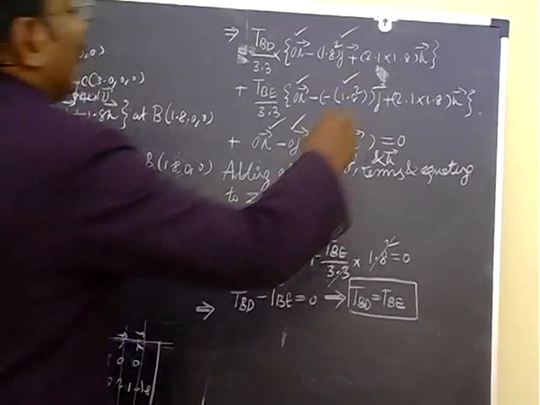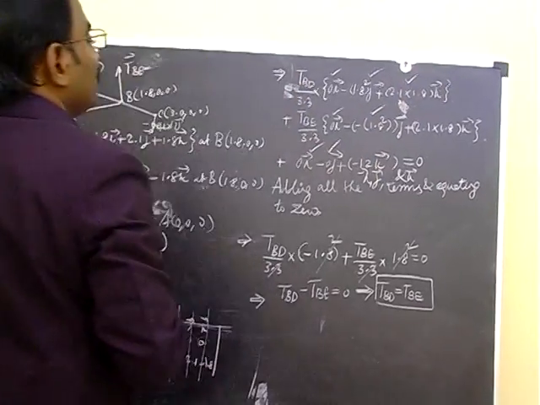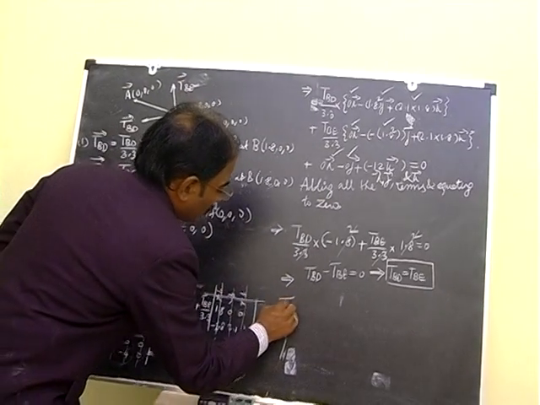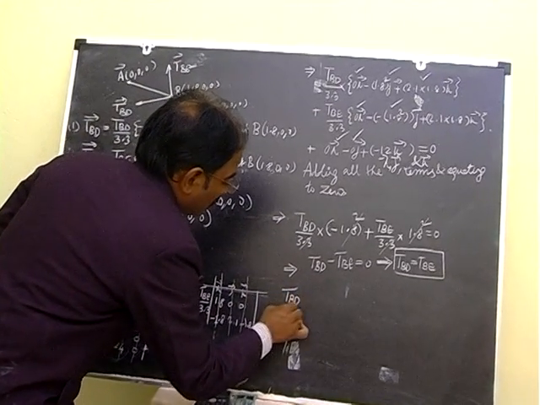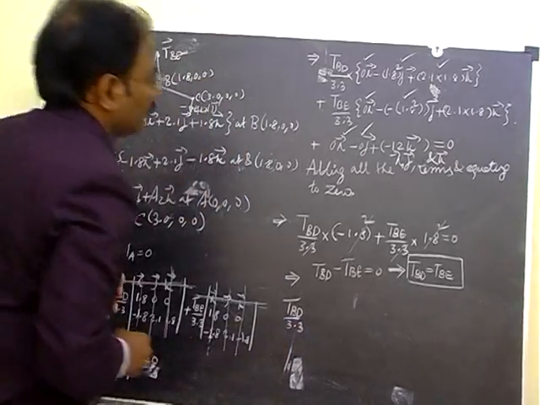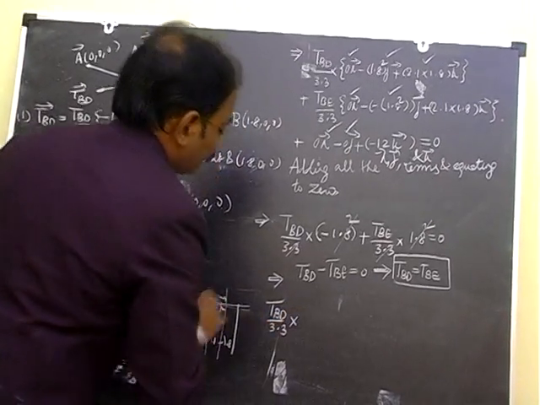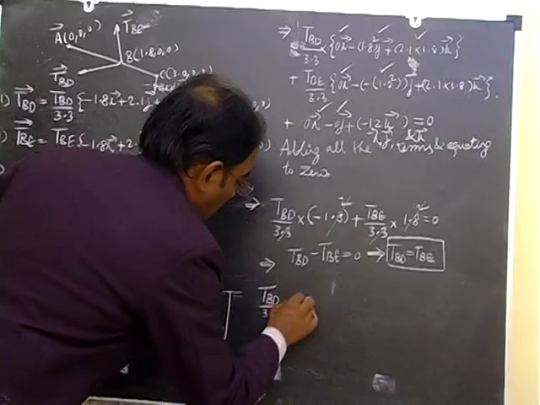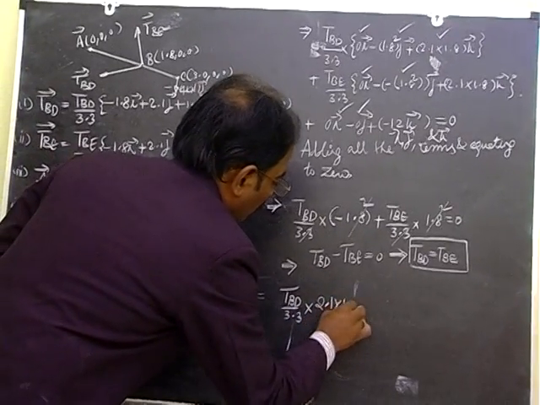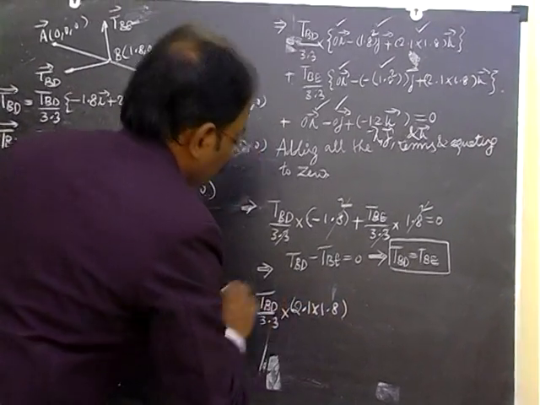Now we move on to the k term, that is TBD divided by 3.3 multiplied by 2.1 multiplied by 1.8. This is the first term.